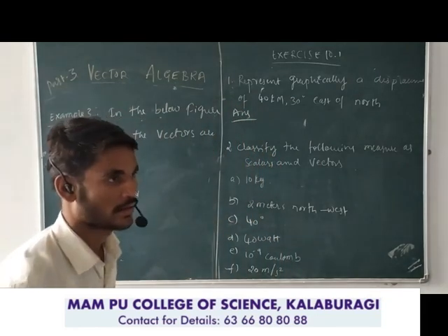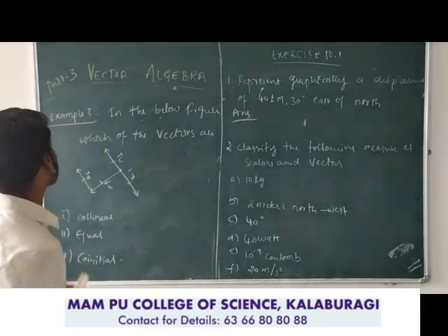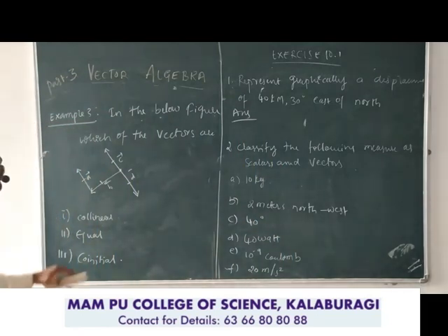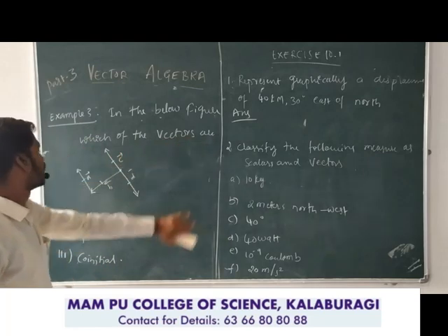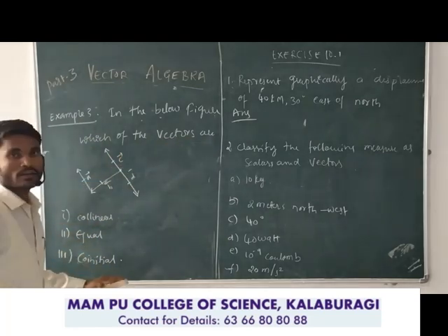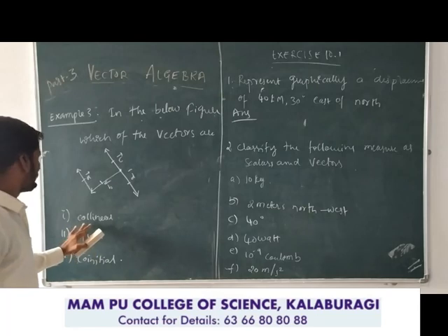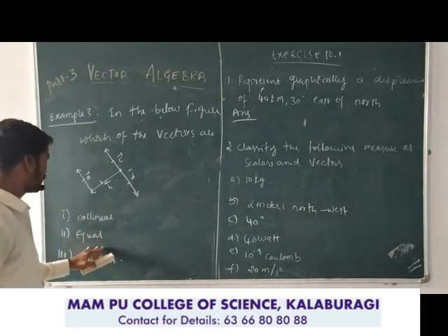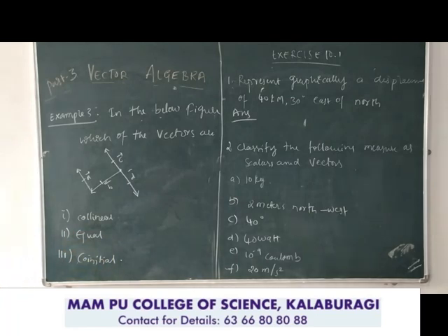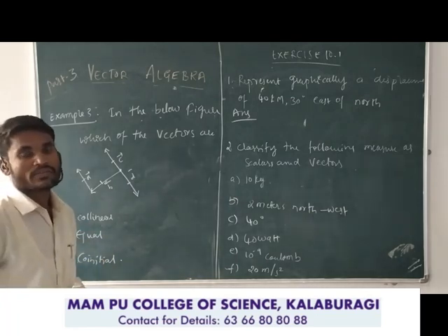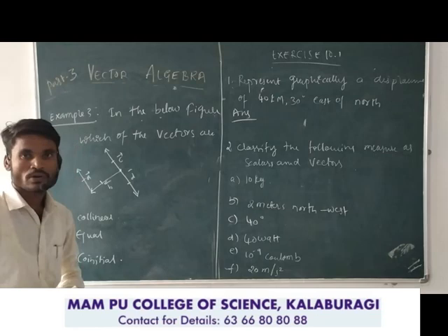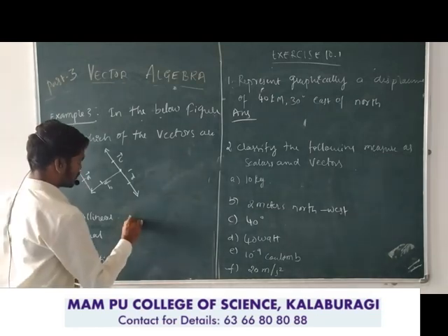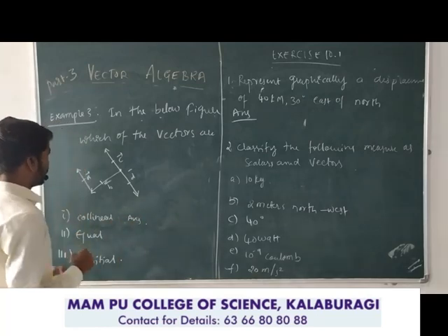Dear students, in your example 3, in the below figure, which of the vectors are there? They have given three conditions: one is collinear, second is equal, and third is coinitial. We already know the definitions of collinear, equal and coinitial. I write the answer directly.